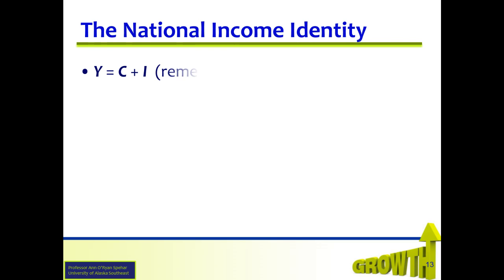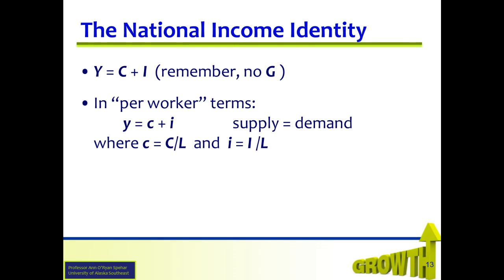Now let's go back and remember our national income identity. Y is equal to C plus I. Remember, no government, so there's no G. And let's also put this in per worker terms. So output per worker is equal to consumption per worker and investment per worker. Little y is equal to little c plus little i. Supply still equals demand.